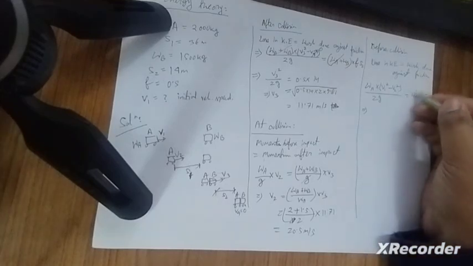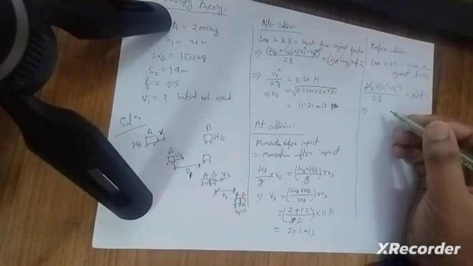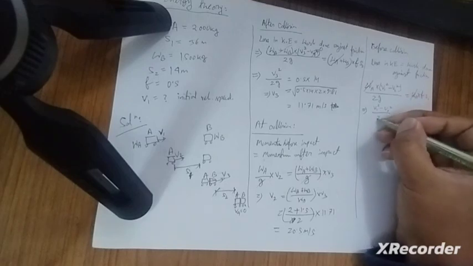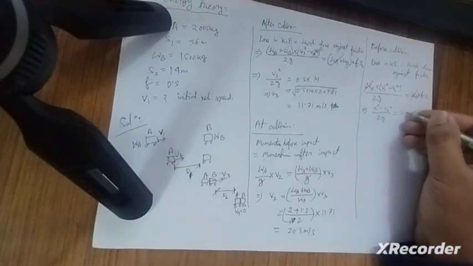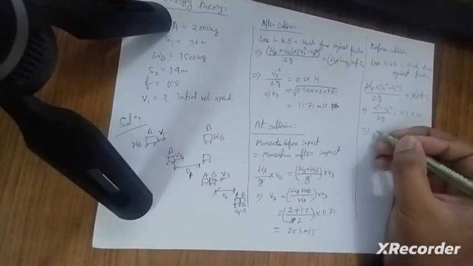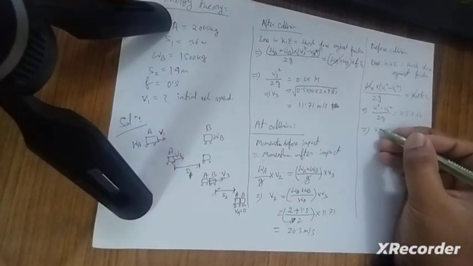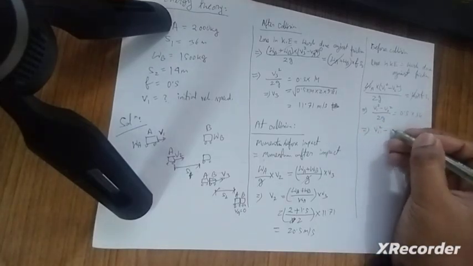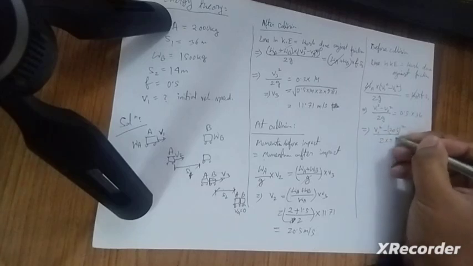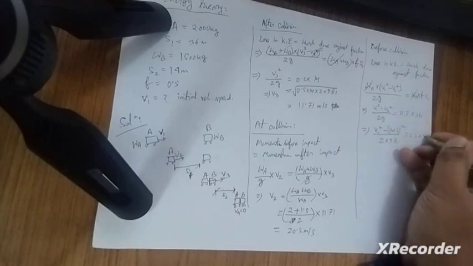Now we can cancel out the WA. We have V1 square minus V2 square by 2G equals F into S1. F is 0.5 as per the question, and S1 is 36 meter as given. V2 square is 20.5 square, G is 9.81, and 0.5 into 36.